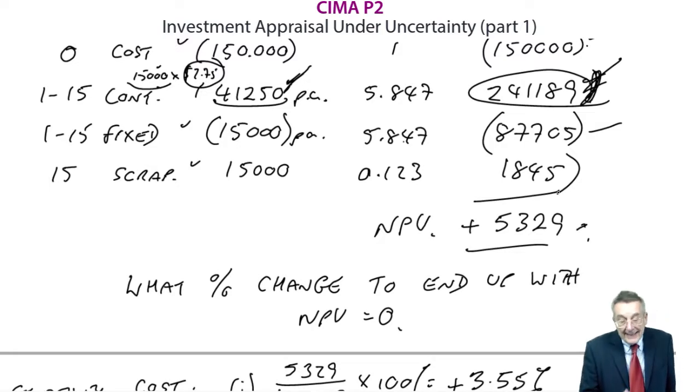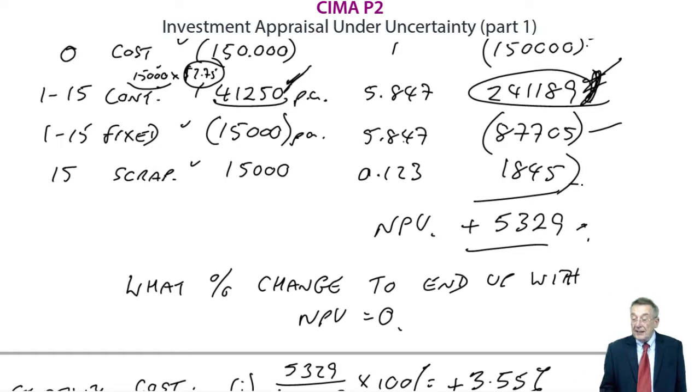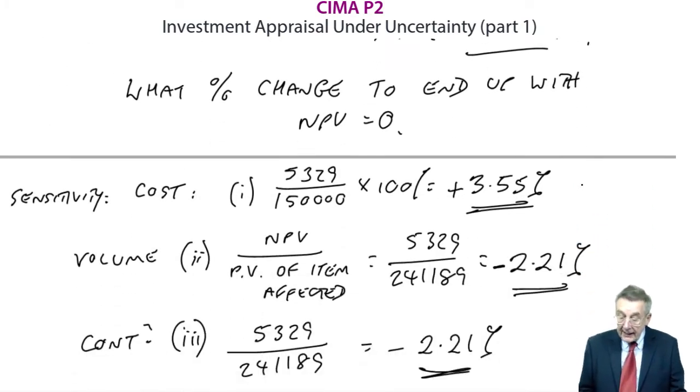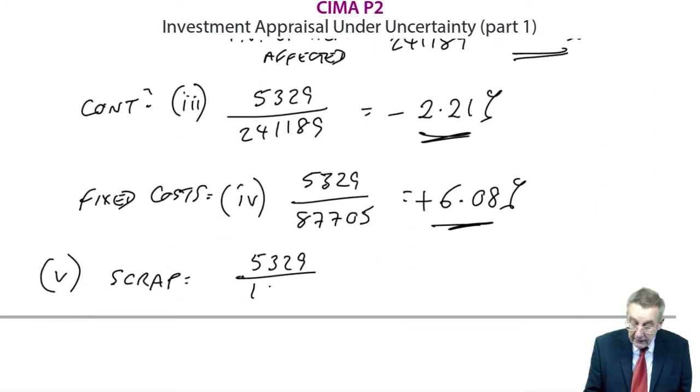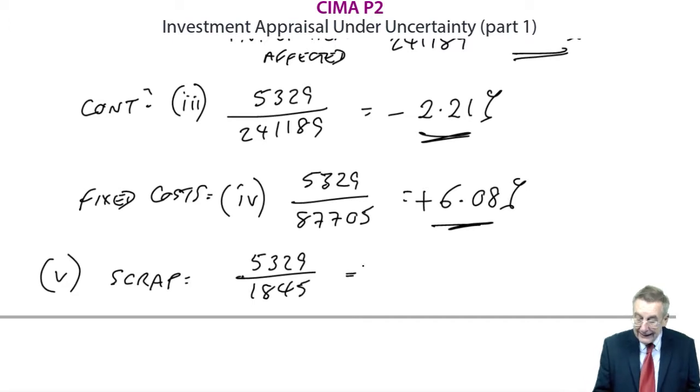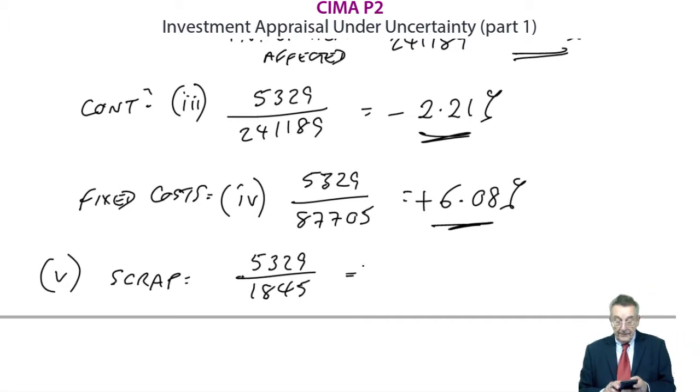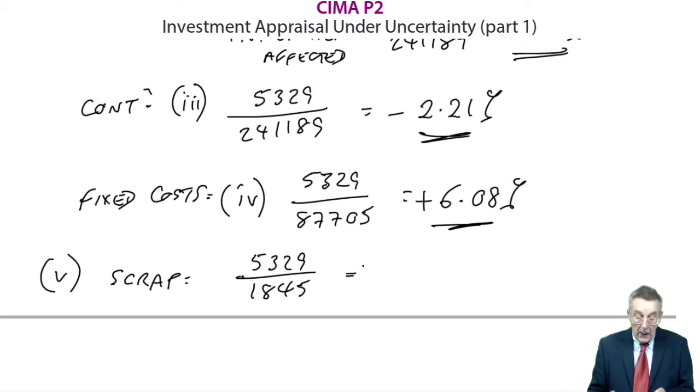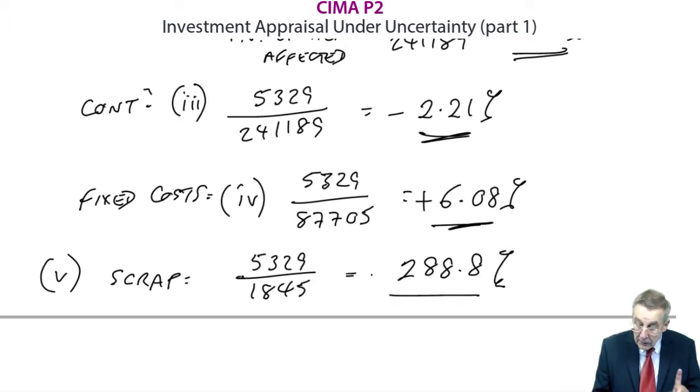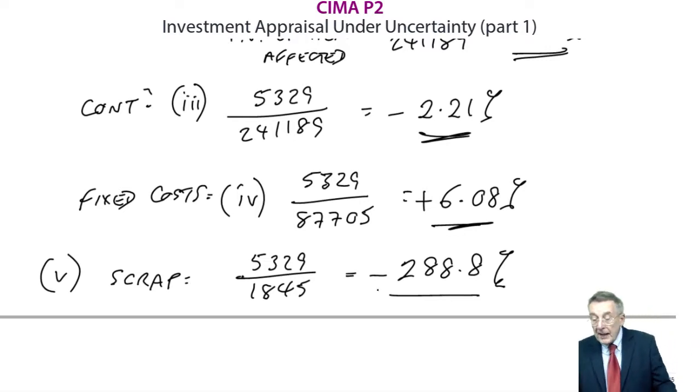And for every percent it changes by, the present value of it changes by a percent. So 5329 over 1845 is 288.8%. And we're only worried if it falls. Higher scrap value would give us higher NPV.